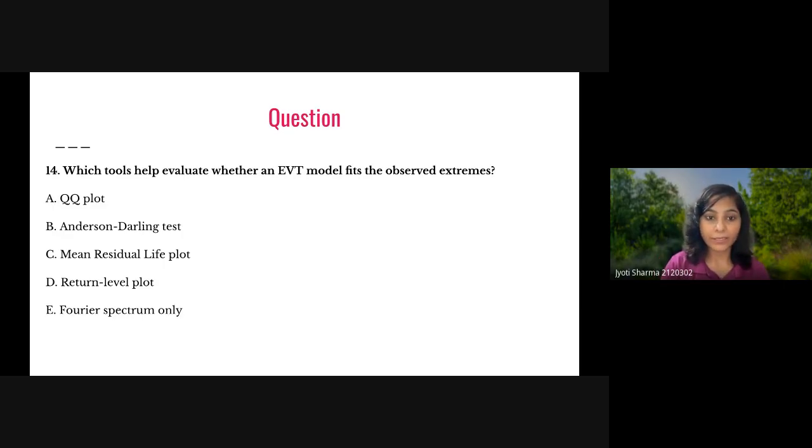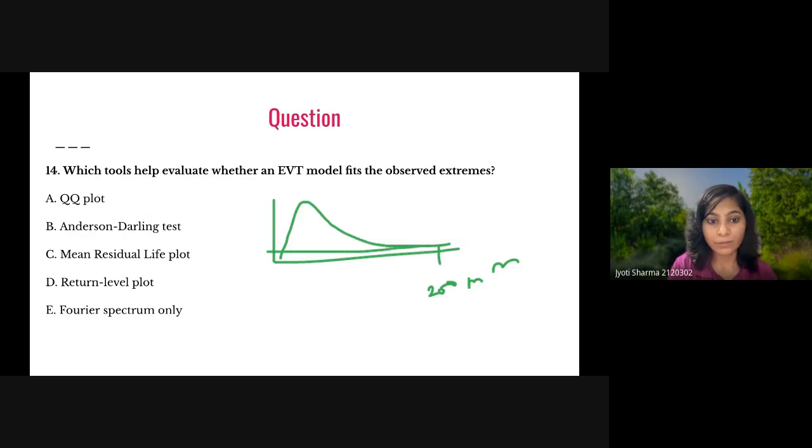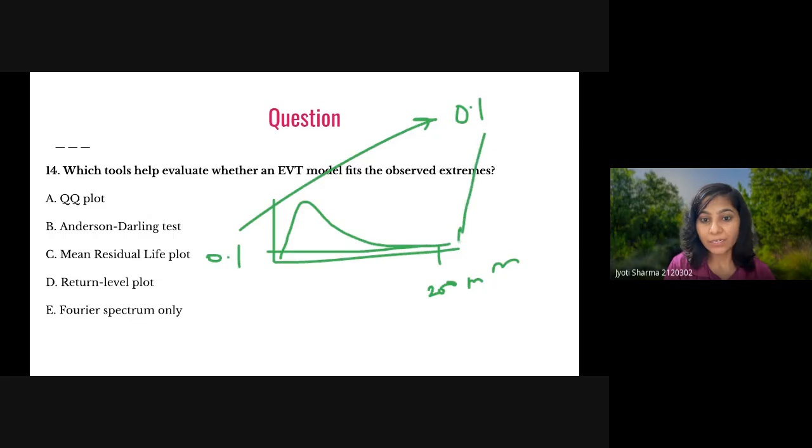So again, let me tell you. This is your precipitation and this is your tail. Let's say this is your 200 value, and the probability is 0.1. So we are saying that the probability is 0.1 that we will get 200 of rainfall. Based on this distribution, we can tell the probability of 45, we can tell the probability of 100, everywhere.